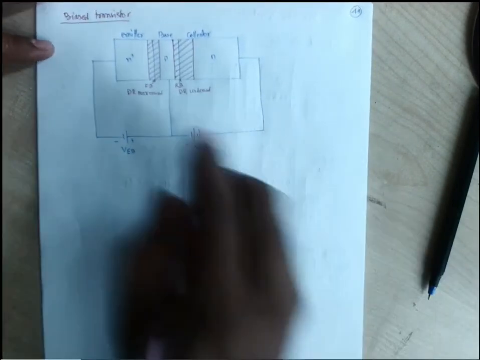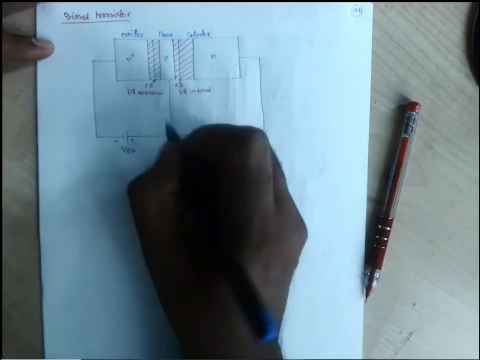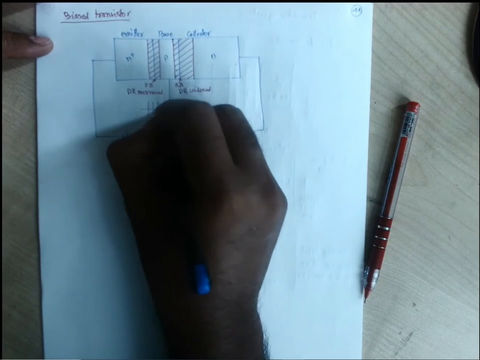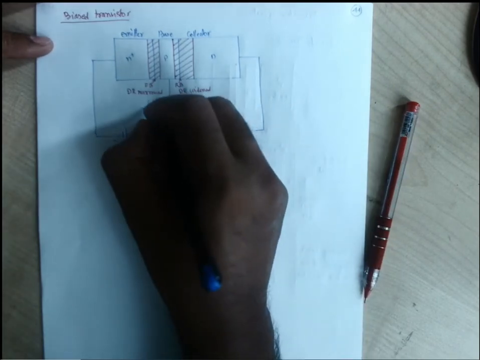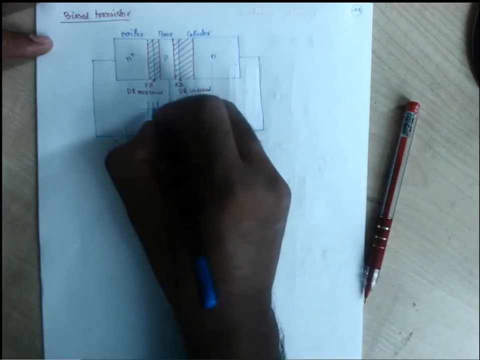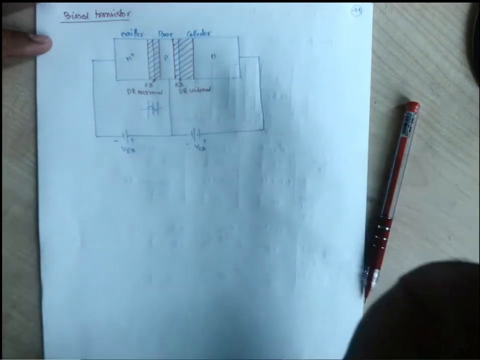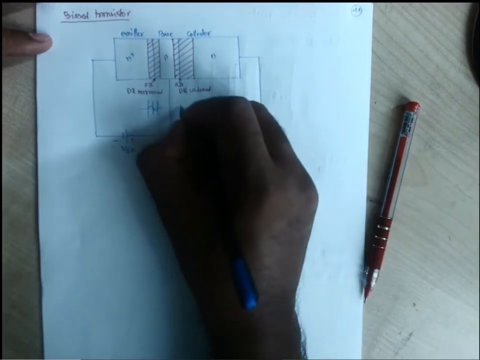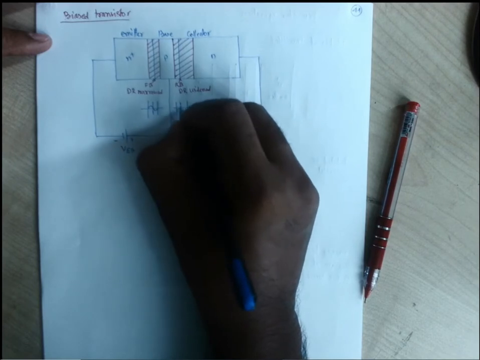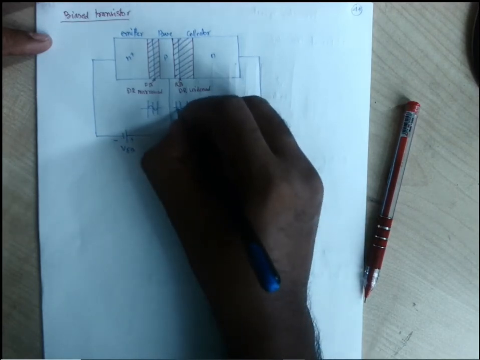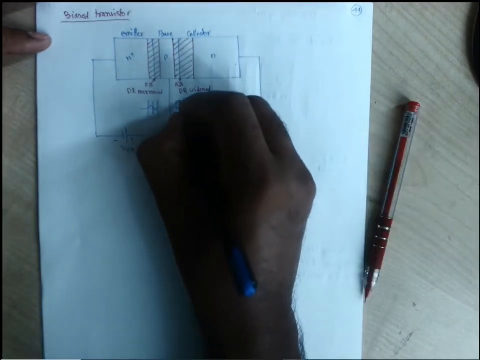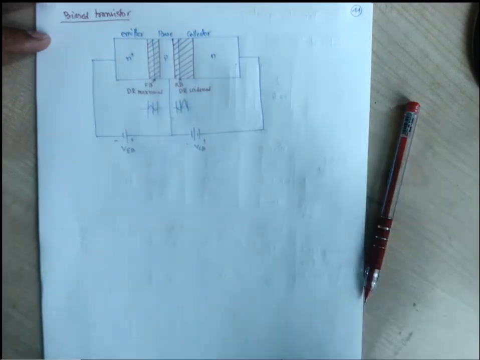If we look into the barrier potential on this side, it has a lesser amount of barrier potential because it has already decreased like this, and for this case it has increased. It has increased more towards the collector region.